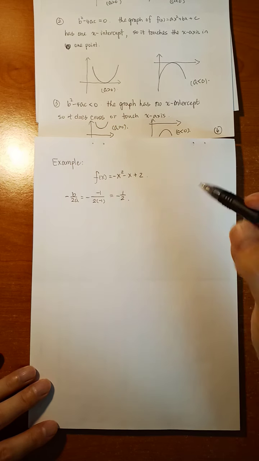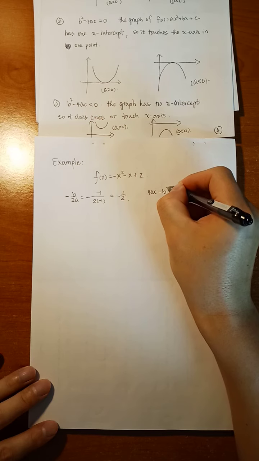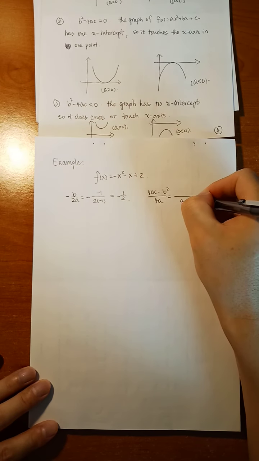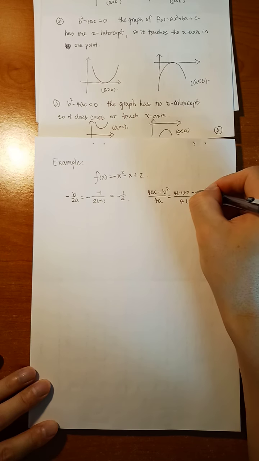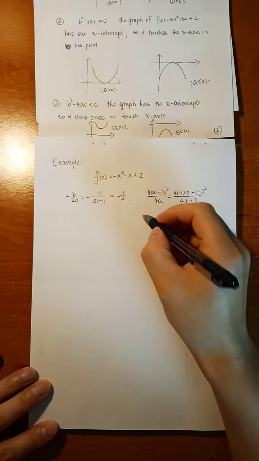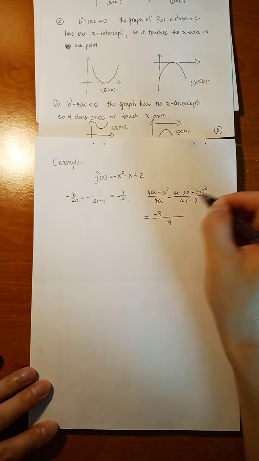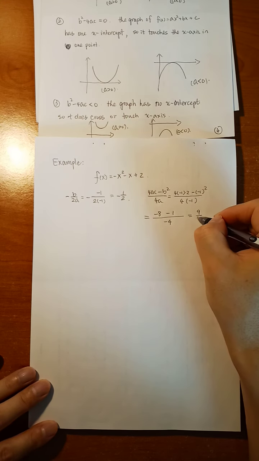The y-coordinate is 4ac minus b squared over 4a. Negative 4 times 2 is negative 8, minus 1 is negative 9, over negative 4, it's 9 over 4.